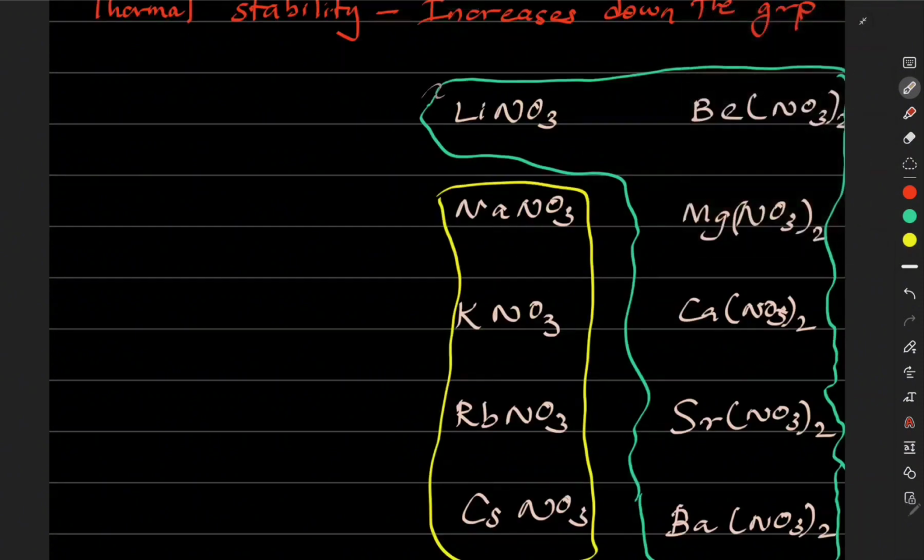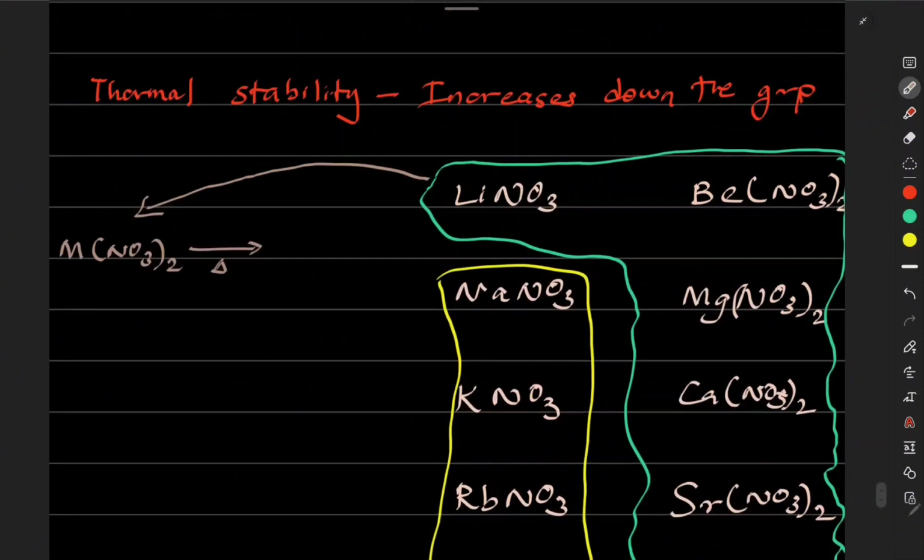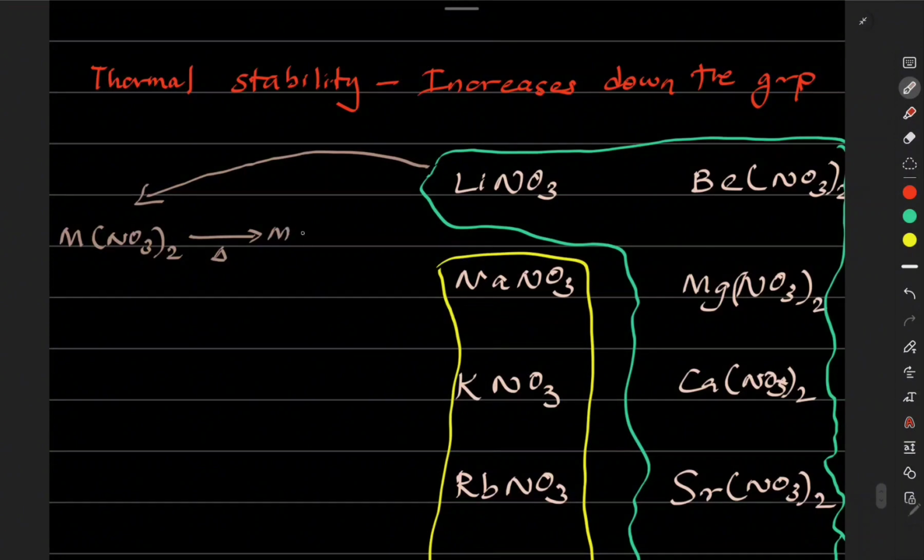Decomposition: these metal nitrates, M(NO3)2, decompose into MO plus NO2 plus O2 gas.